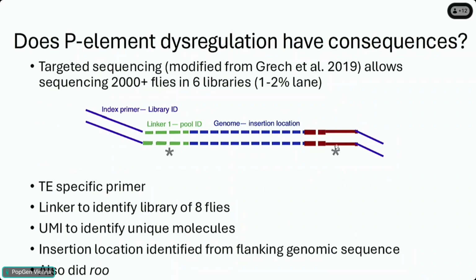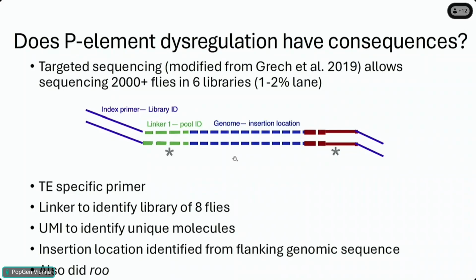And we also had unique molecular identifiers to prevent us from counting the same molecule twice. This is a PCR-based assay, and you can have PCR duplicates, and we didn't want to count PCR duplicates as independent evidence of transposition. So we just used UMIs, unique molecular identifiers, to get rid of these PCR duplicates.